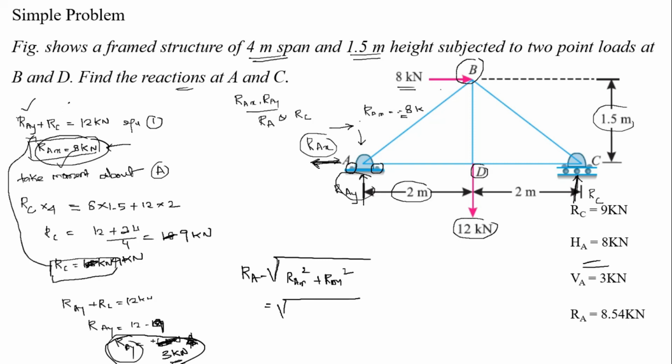So substitute the values: R A x is 8 kilonewton squared plus R A y is 3 kilonewton squared, right. So it is the root of 64 plus 9, which is 73. Take the root of 73, which is equal to 8.54 kilonewton, right.